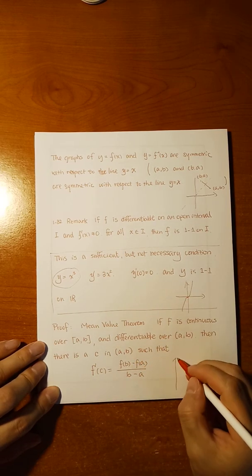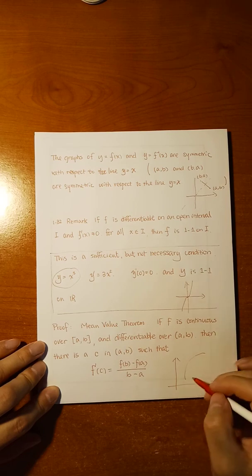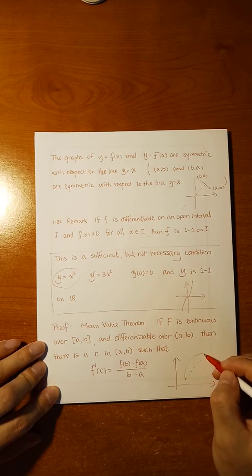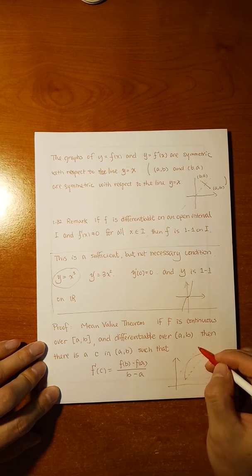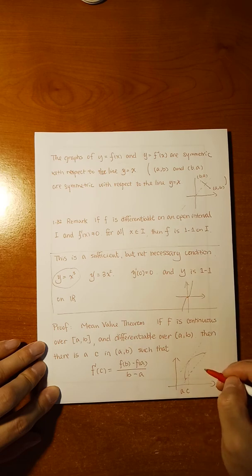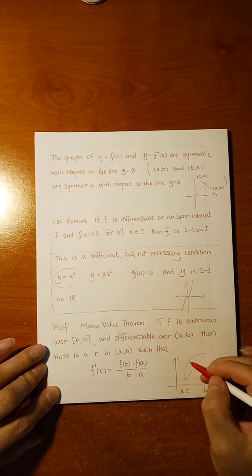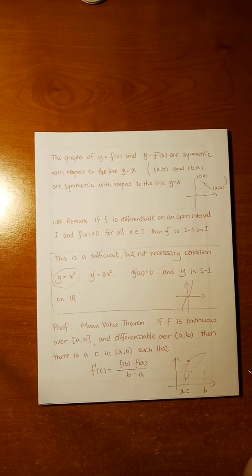Remember that we just compare the slopes of two segments. One is this secant line, and the other one is the tangent line, right? This is point c, a and b. So we compare those two slopes, and definitely you have it. So that's the mean value theorem.